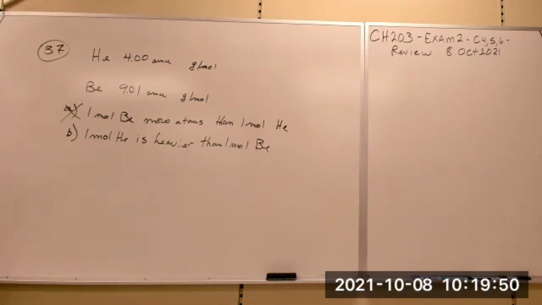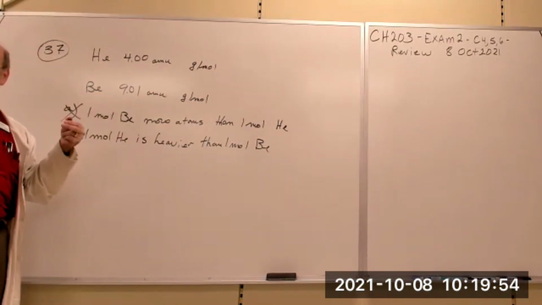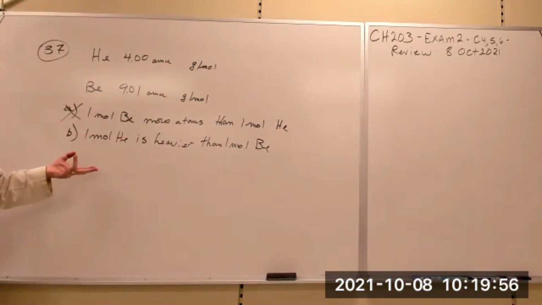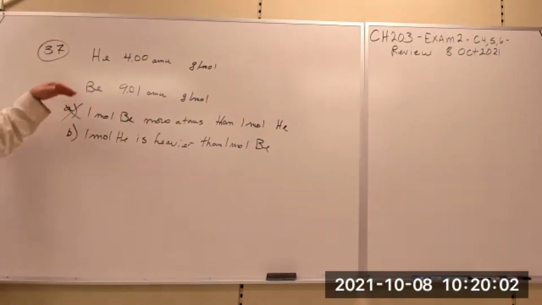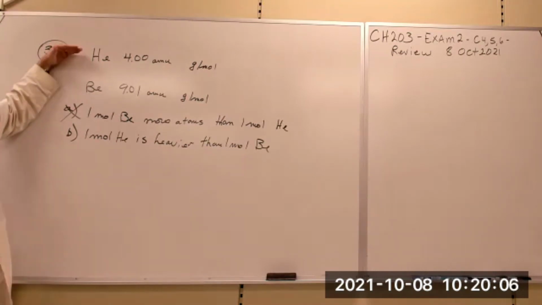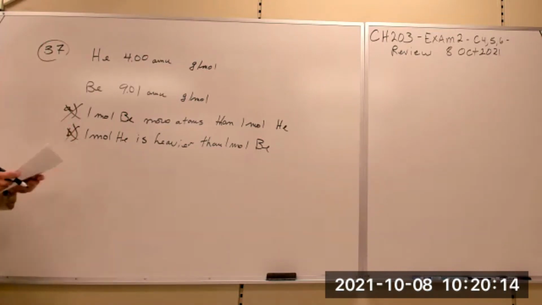You have the same number of atoms, but each one weighs differently. Then you can say something about the mass. If you have a mole of helium and a mole of beryllium, how much mass do you have? Well, for beryllium you have 9 grams, and for helium you have 4. So that's exactly the opposite. It should be the other way around. So that was false.